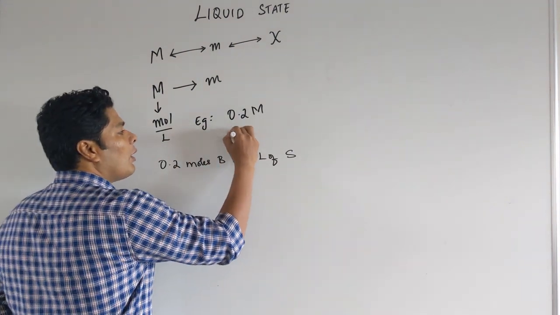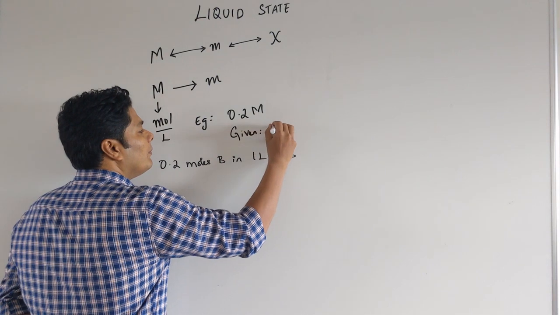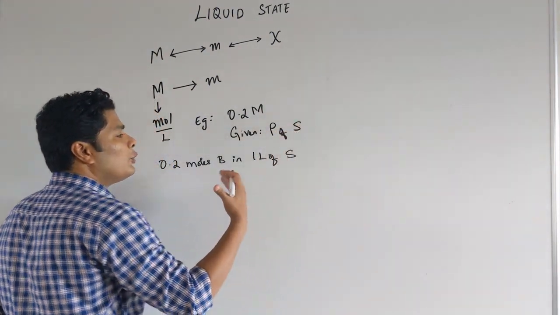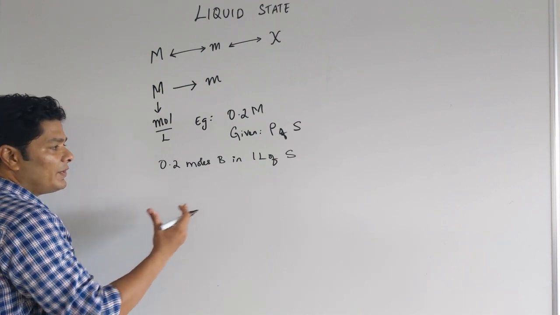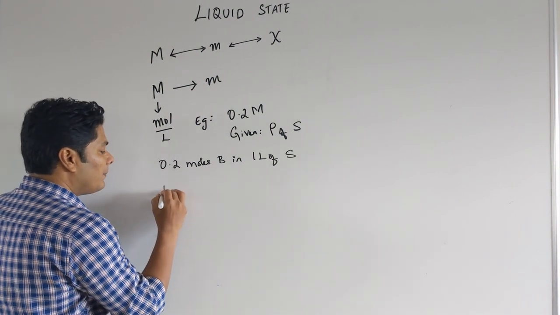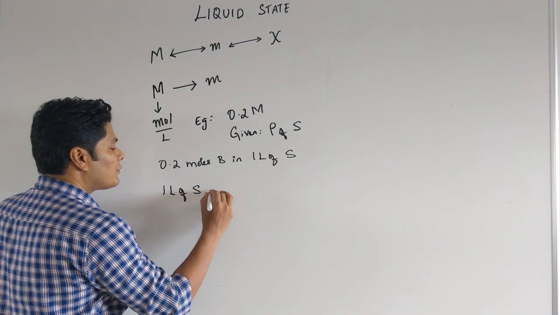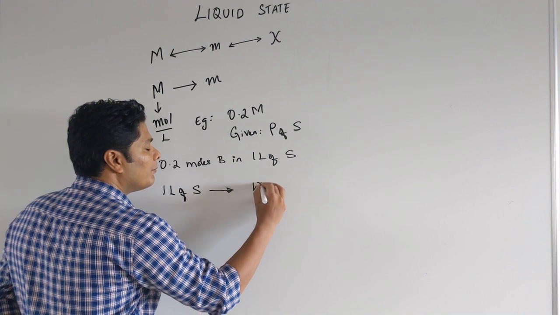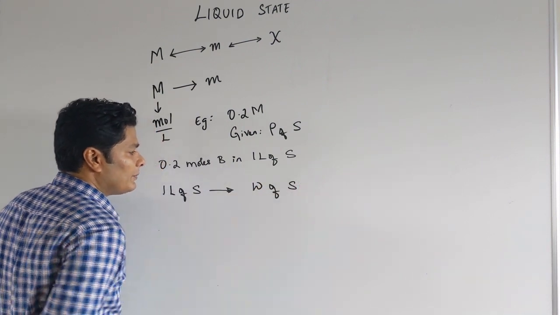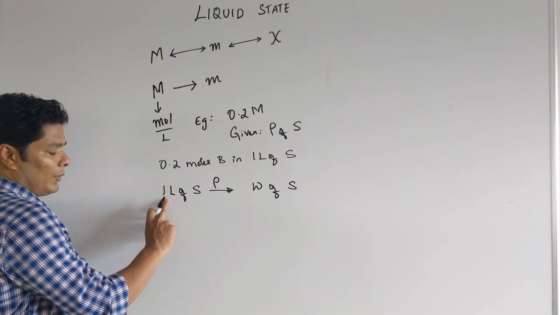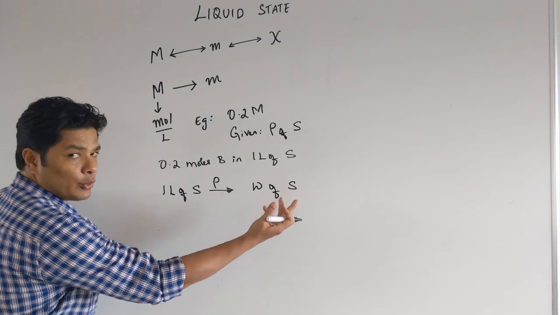Without the density of the solution, you cannot do this problem. So if the density is given, I can convert 1 liter of solution, which is volume, into mass of solution using density.